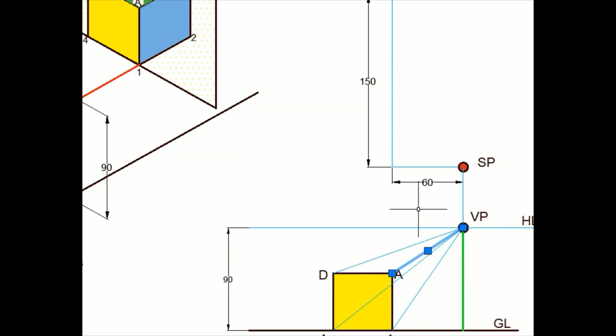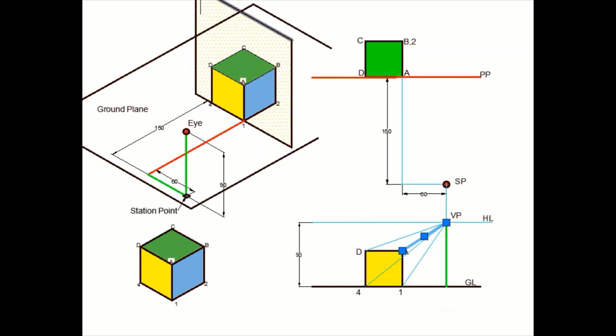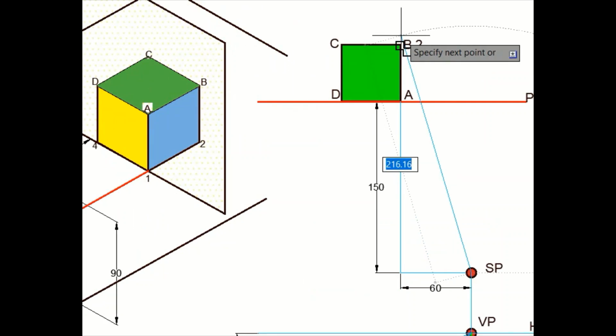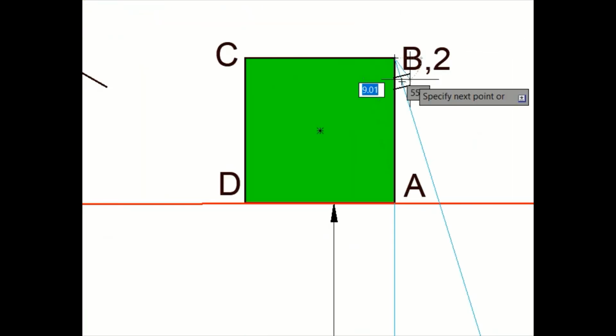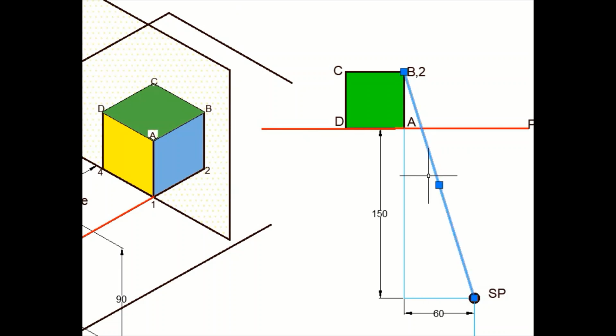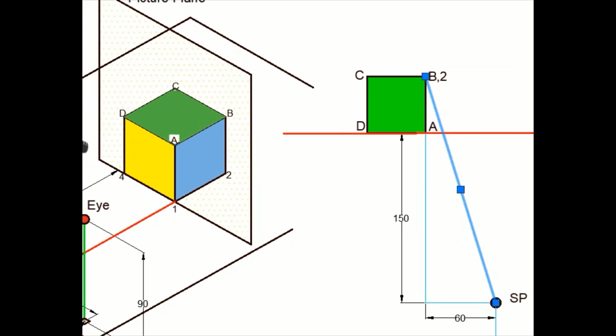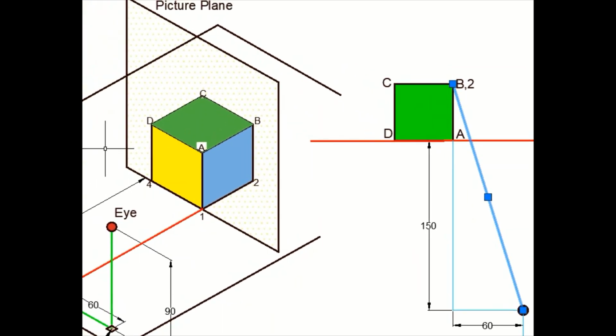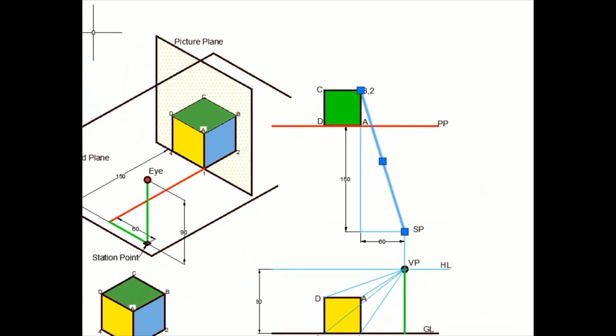Now to ascertain that, I'll draw a line from the station point and connect it in the top view with point B. So I connect point B with the station point in the top view. Now this line actually represents the line of sight. That is, if the observer is here in 3D, this is the eye.